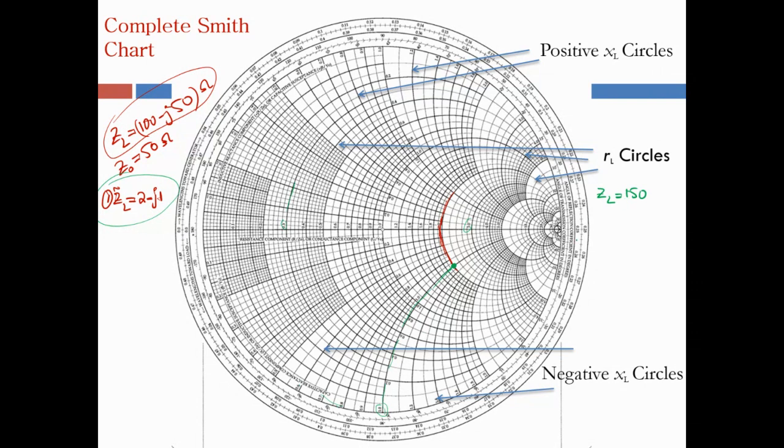If you do it correctly, then everything else is going to be correct. So Z sub L is 150 plus j75 ohms, and Z0 is equal to 75 ohms.